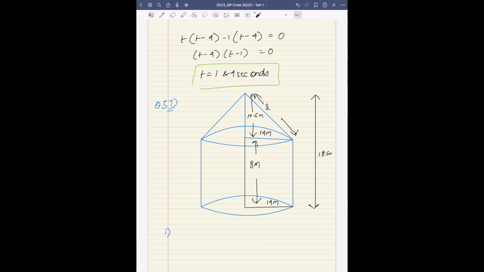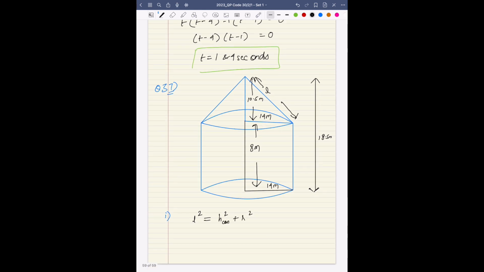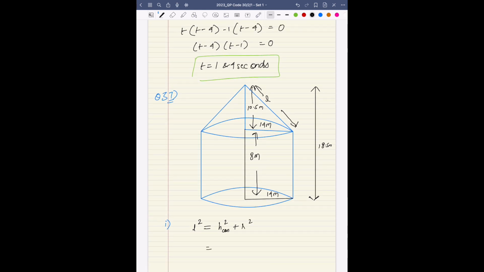I hope you guys know that H, R and L, correct? They form a right angle triangle, right? So L square will be nothing but H square, which is cone, plus radius is same, so I'll just call it R square. Height is 10.5 square plus radius is 14 square, correct?